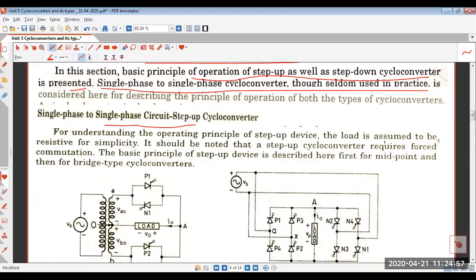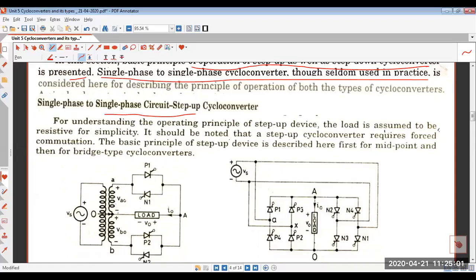Similarly here also we have both categories. But here we generally use multiple SCRs. Like if we talk about a bridge rectifier, or let us say an AC voltage controller, which converts fixed AC into variable AC, right?